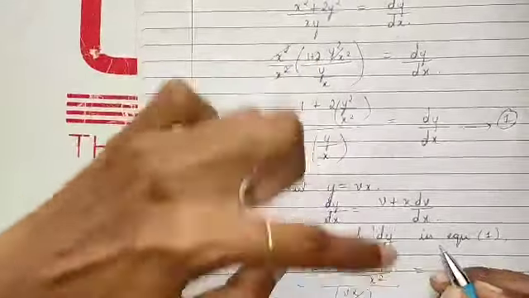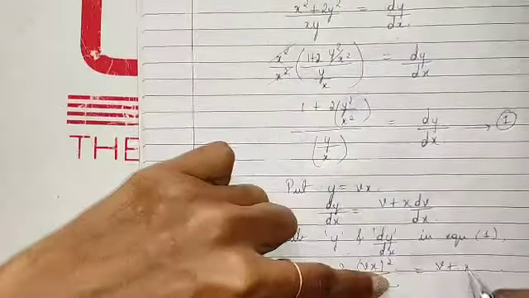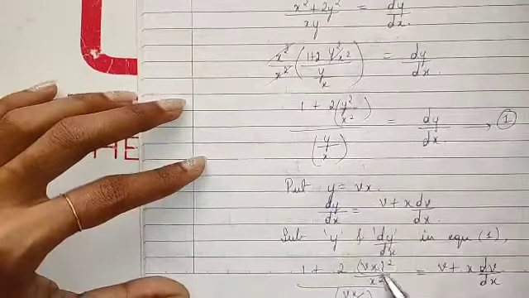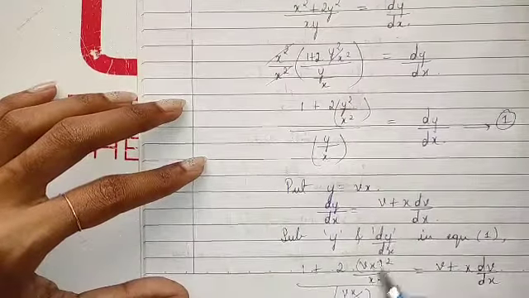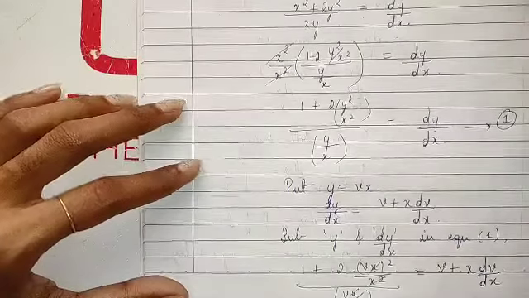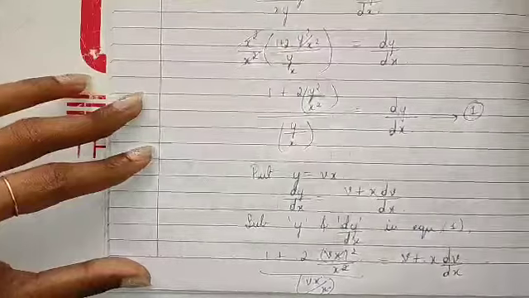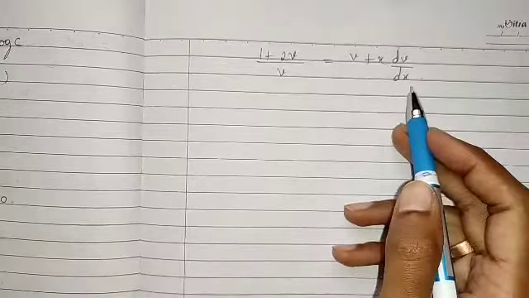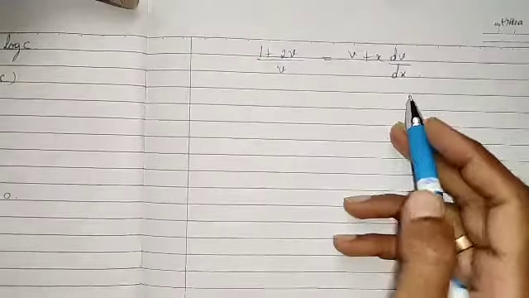What is dy by dx? v plus x into dv by dx. Here this x square gets cancelled, x and x get cancelled. So what is remaining? We can write this as 1 plus 2v by v is equal to v plus x into dv by dx.